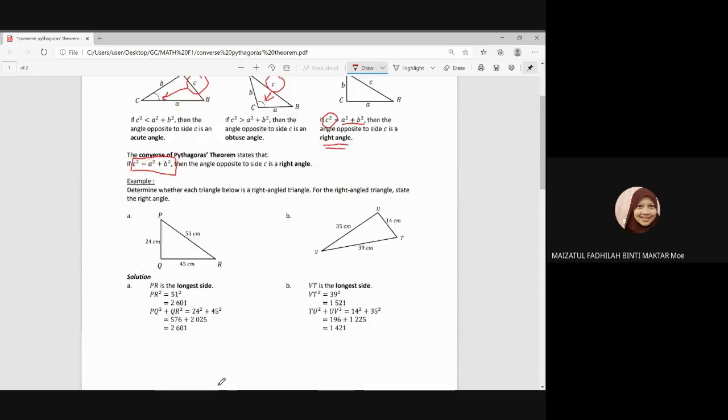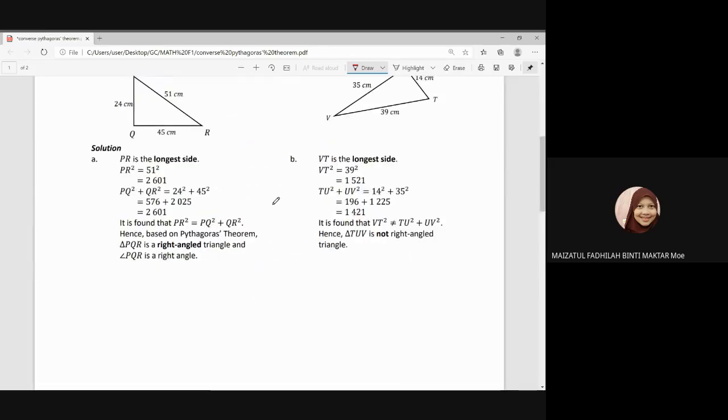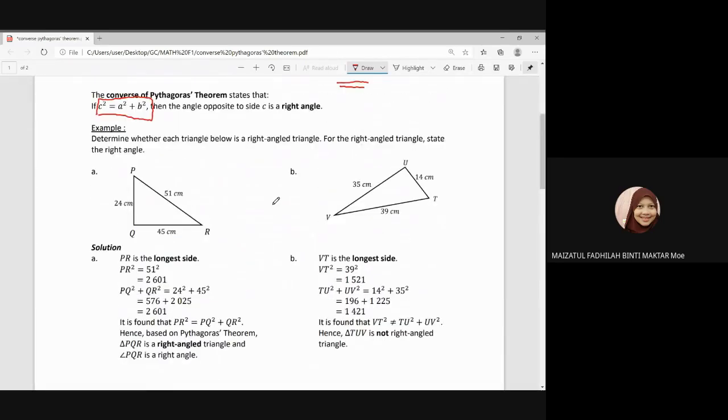Okay, so let's see the example here. You write it down, right? The question asks you to determine whether each triangle below is a right angle triangle or not. In the example, the measurements of the sides are already given to you. So you just see which side is the longest, which means that one is the hypotenuse.